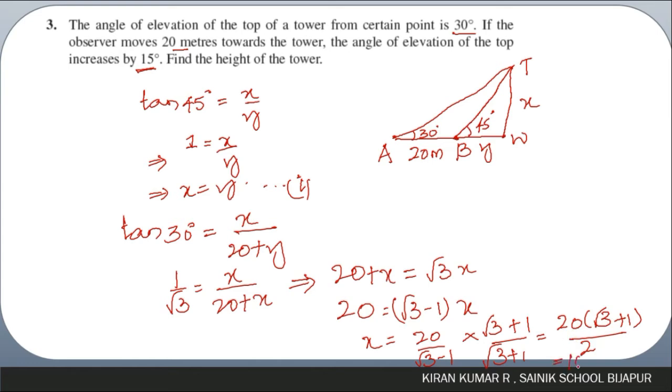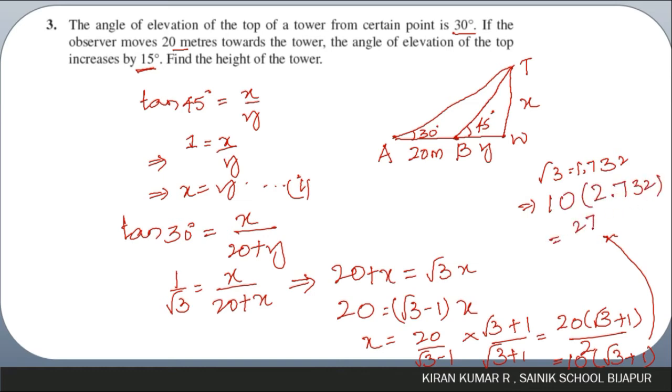Hence it becomes 10 times root 3 plus 1. Further, if you consider root 3 as 1.732, then it becomes 10 times 2.732, which is 27.32 meters.